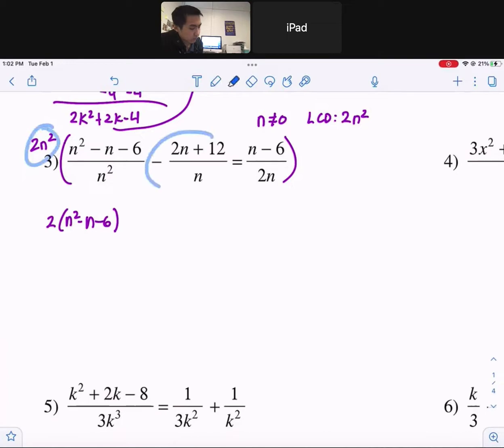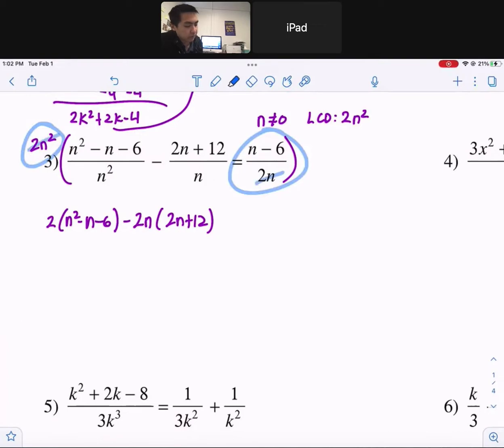So this times this, the n to the seconds cancel, so we're really multiplying all that by 2. 2n squared times this, we cancel off 1n from each, so we're really multiplying all of this by 2n, but don't forget there's this negative sign there too, right? So it's going to be negative 2n times 2n plus 12. And then this times this, we cancel off 2n from top and bottom, but you still have a 1n remaining, so it's n times n minus 6.